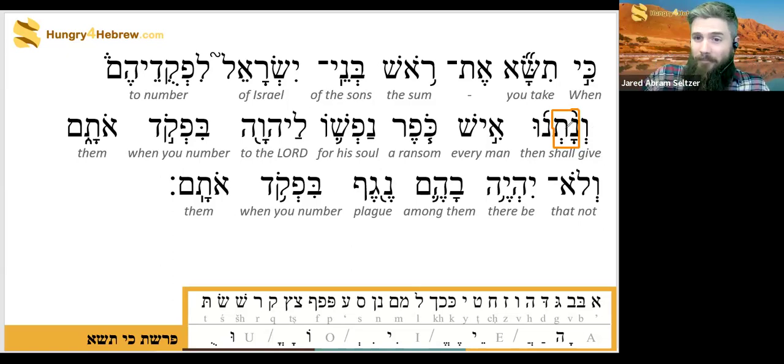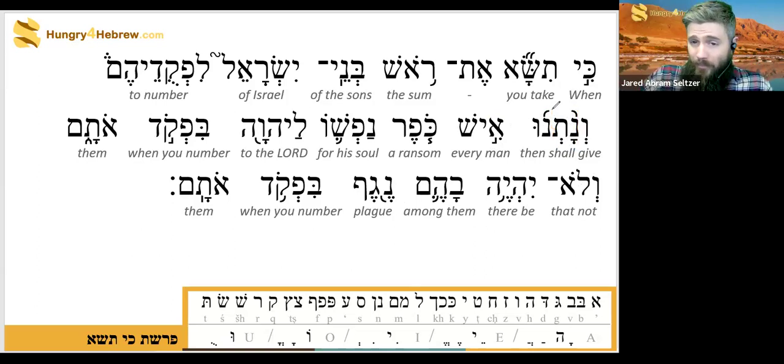Maybe it's this one right here, venatanu, probably because the following word has an accent. I don't want to stack up the accents. It's probably not venatanu ish, but rather venatanu ish.